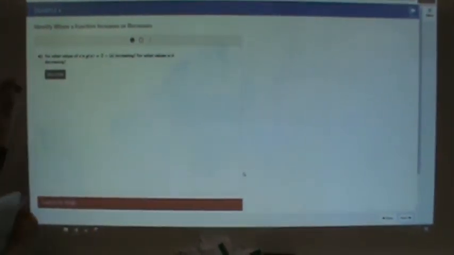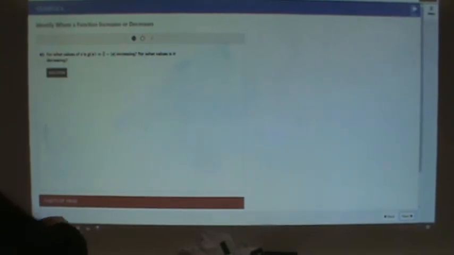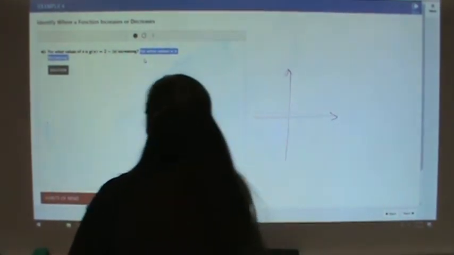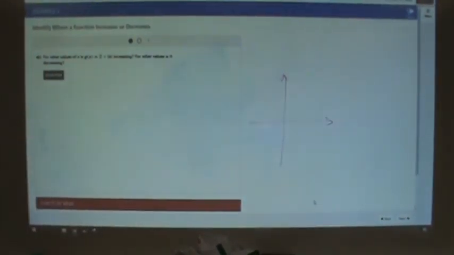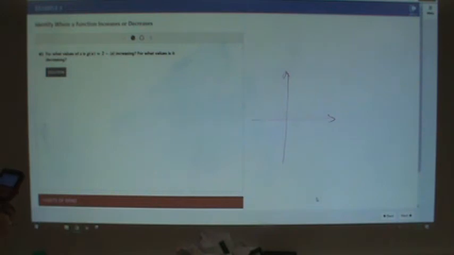Okay, for what values of x is g of x equals 2 minus the absolute value of x increasing? What they're talking about increasing is that if I have a graph here, and it says 2 minus the absolute value of x, so I come over to my handy dandy calculator, and I put in 2 minus the absolute value of x, and then I get a graph.